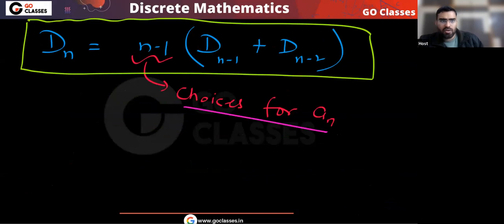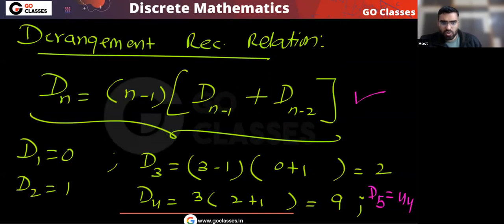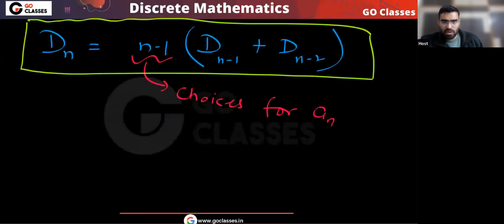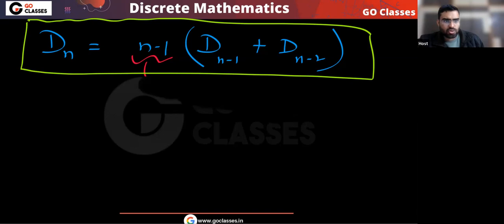Notice that these are the choices for an. So let me give you a summary. From where is this Dn minus 2 coming? So let me write it. First of all, these are the choices for an.